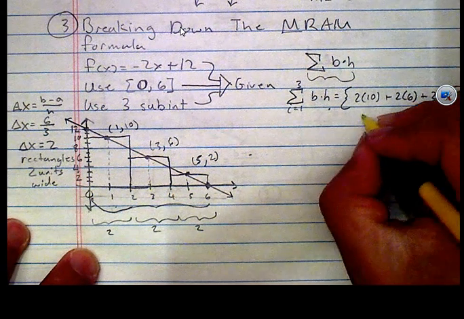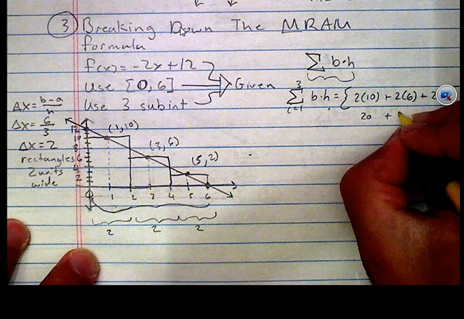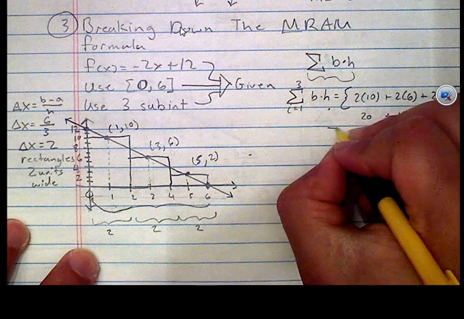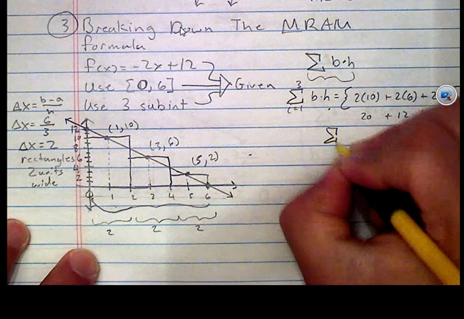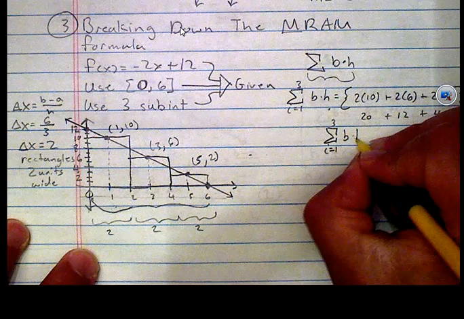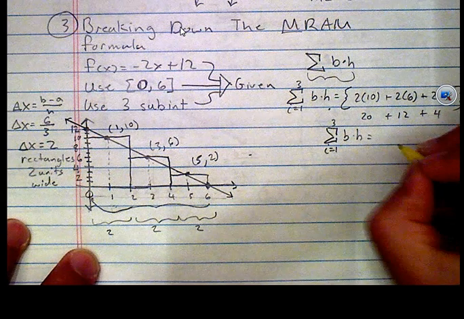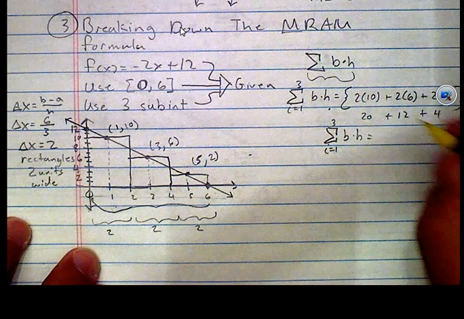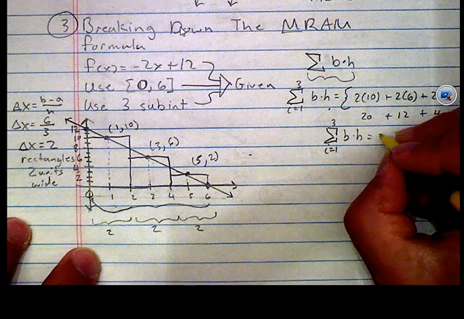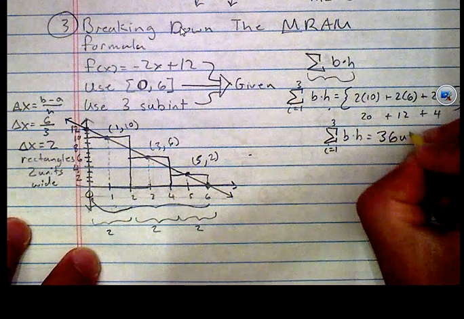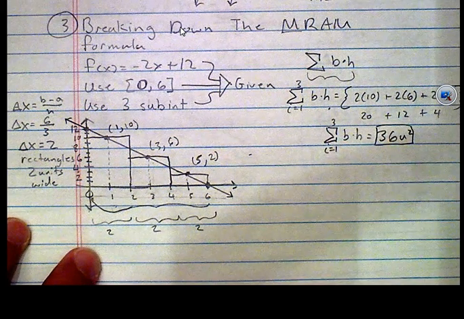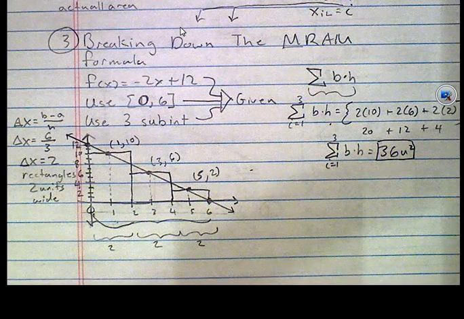So 20 plus 12 plus 4, which is 32 plus 4. Yeah, I can't count. 36 units squared. Alright? So there you go. That's the easy way. Let's find out the hard way.